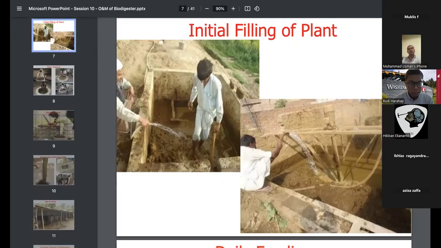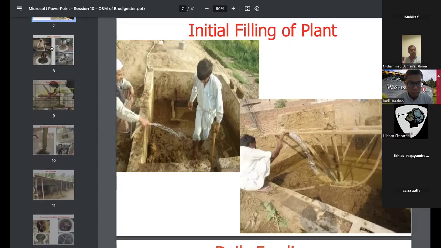The first common mistake which farmers make in Pakistan is that when they are making a new biogas plant and feeding it for the first time, they use old manure, not fresh manure, and they do not mix proper water with the manure. You should keep a 1:1 ratio.